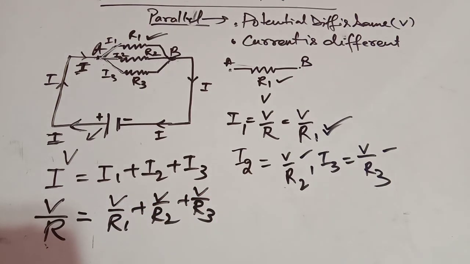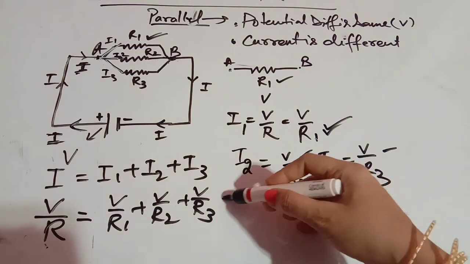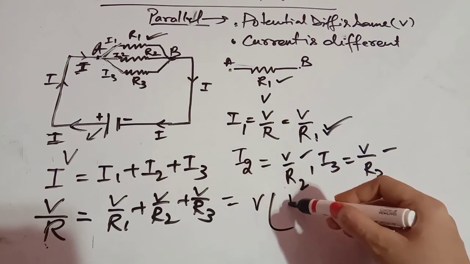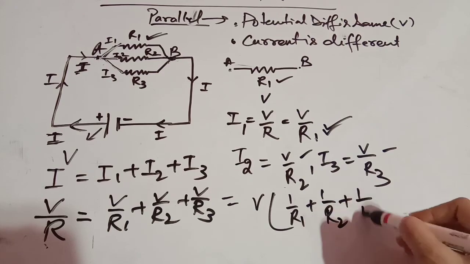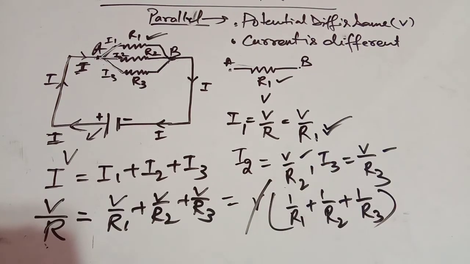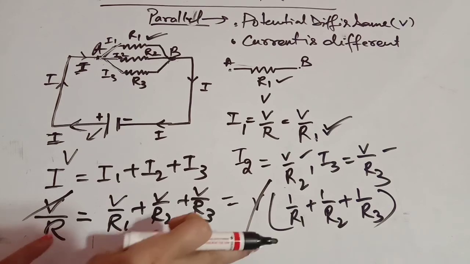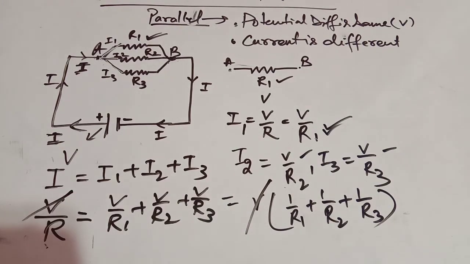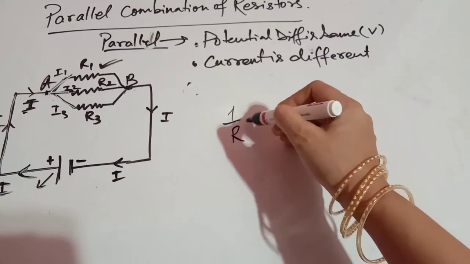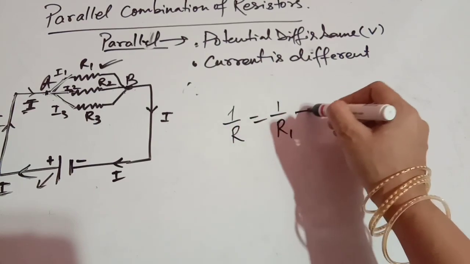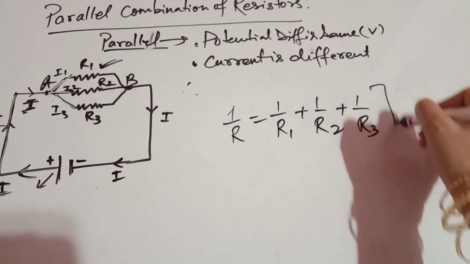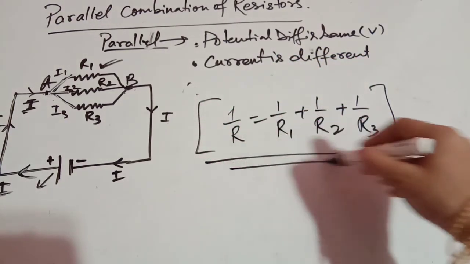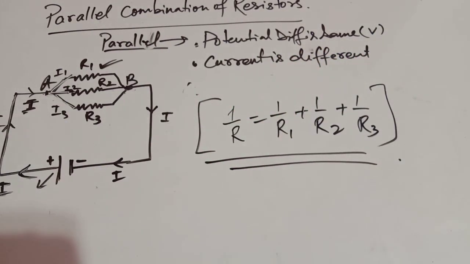What can we take common? We can take V common. So it will be V times 1 by R1 plus 1 by R2 plus 1 by R3. Now V cancels on both sides, and the equation becomes 1 by R is equal to 1 by R1 plus 1 by R2 plus 1 by R3 in the parallel combination.